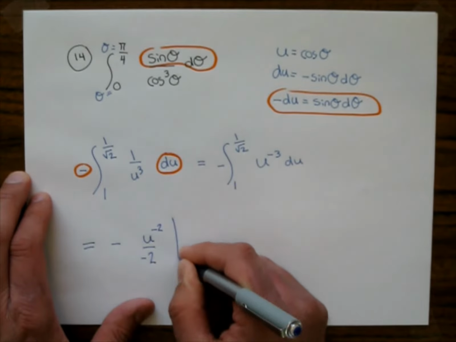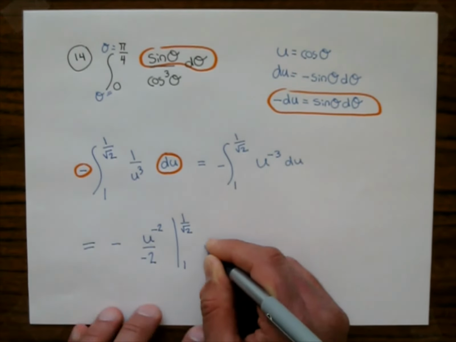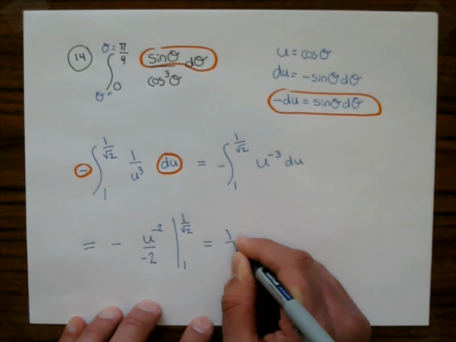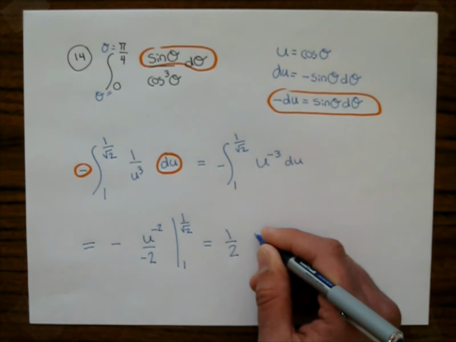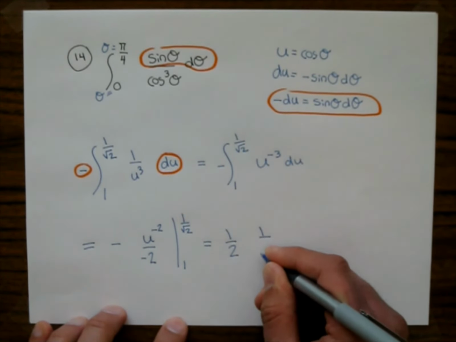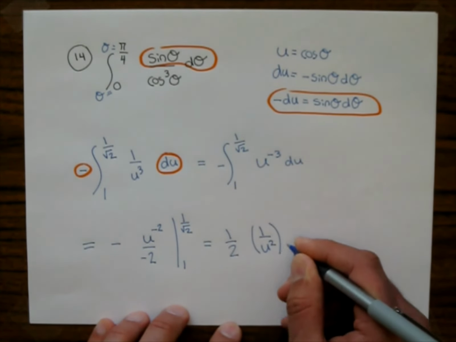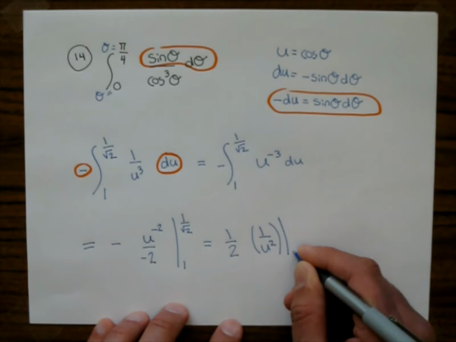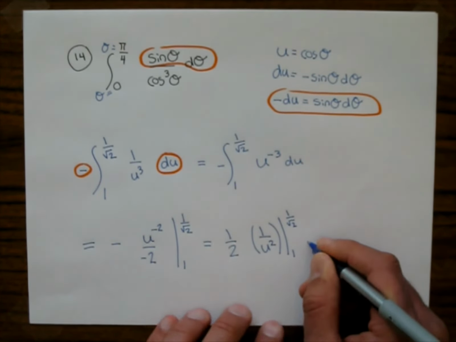This gets evaluated from 1 to 1 over root 2. The negatives are out of there, so I'm going to bring the 1/2 out. Let's fix this up too. This is going to be 1 over u squared, evaluated from 1 to 1 over root 2.